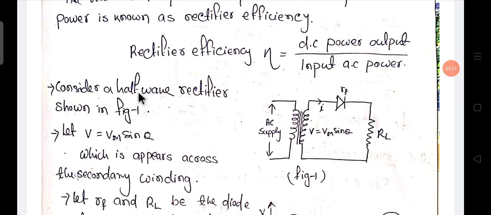Now consider a half wave rectifier shown in figure 1. This is the half wave rectifier. Here let V equal to Vm sin theta appear across the secondary.